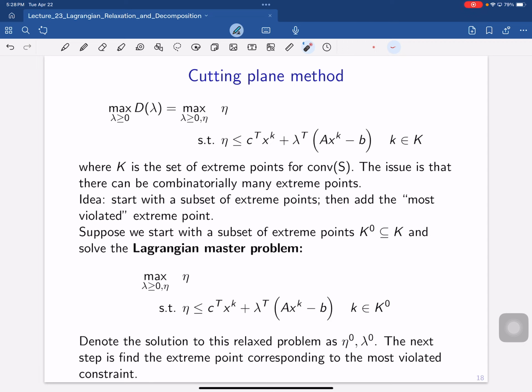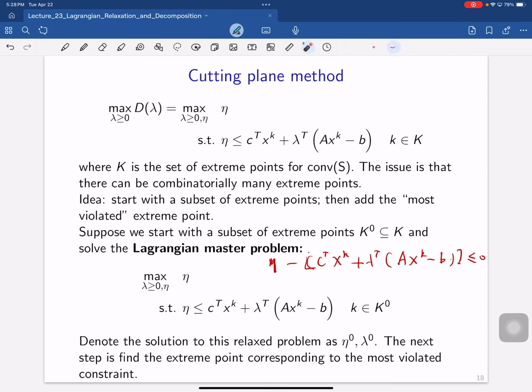Yeah, so let's say you can write this constraint as eta minus c transpose xk plus lambda transpose (A xk minus b). So this is a single constraint. It has to be less than or equal to 0, right?